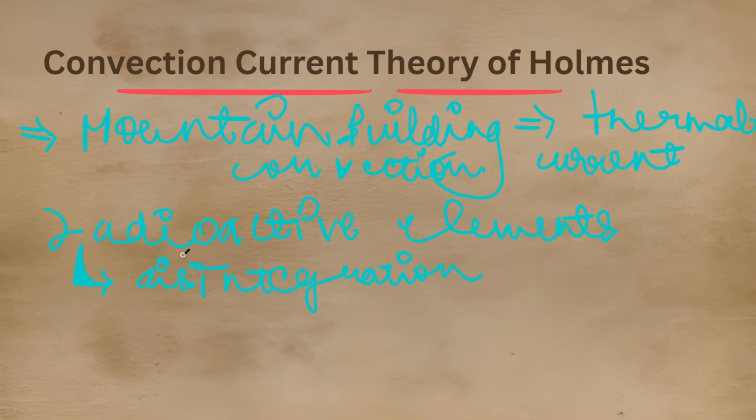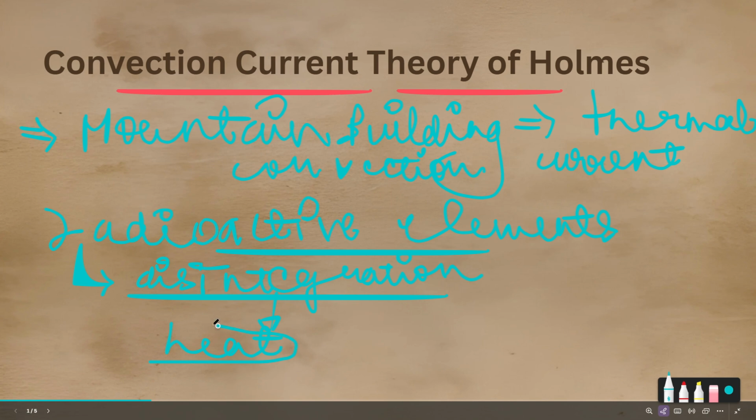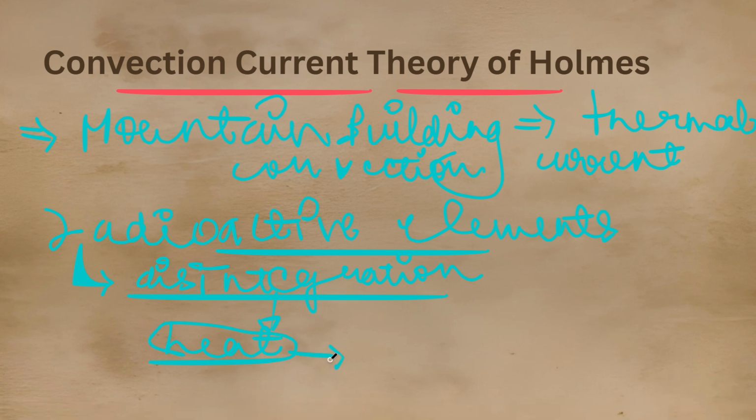Radioactive elements disintegrate, meaning they are broken, and this releases a huge amount of heat. This heat converts the rocks to magma, and what happens?